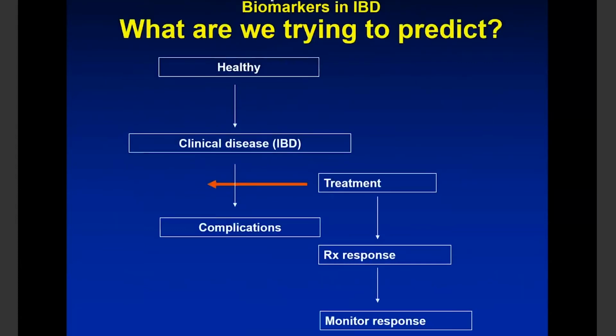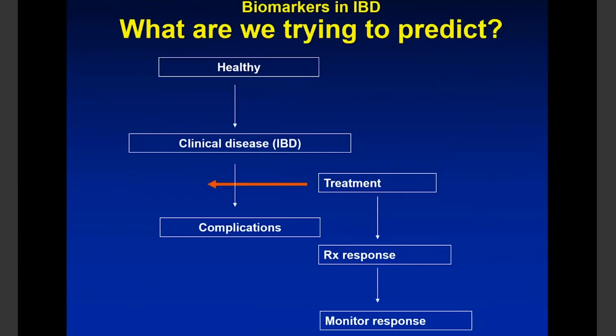Before we get started, I think we need to be clear in what we are trying to predict. There are a number of different questions that we may be trying to answer. First, we may be wanting to predict whether someone is going to develop clinically overt IBD from a state of health. We then may want to predict, if they already have Crohn's disease or ulcerative colitis, whether microbiome-based biomarkers can be used to predict complications.